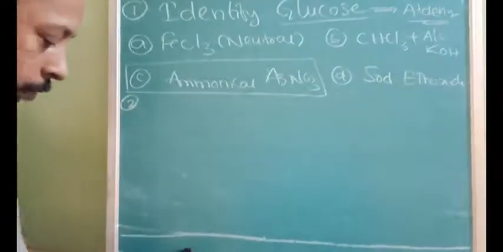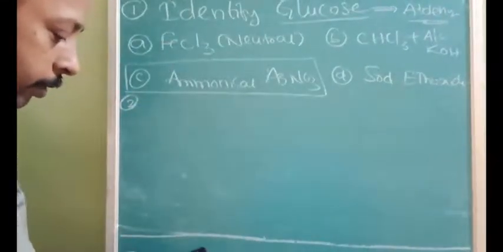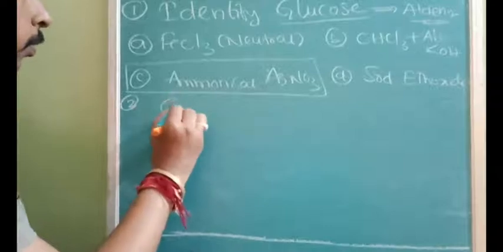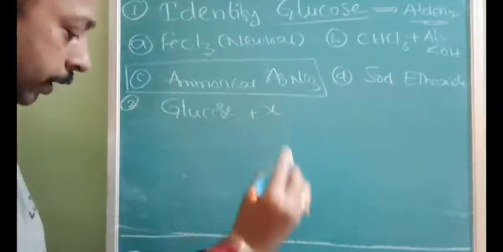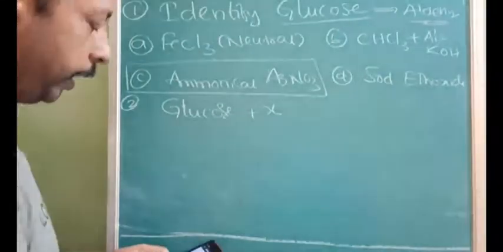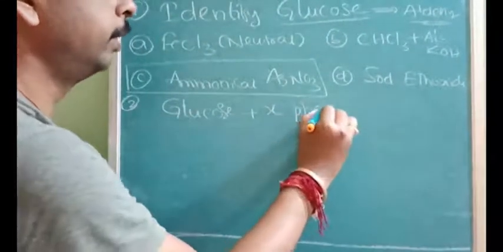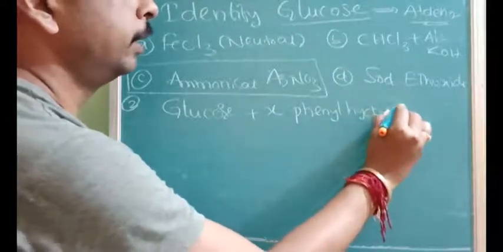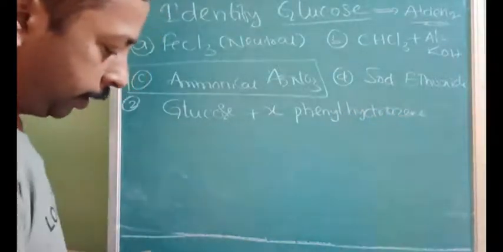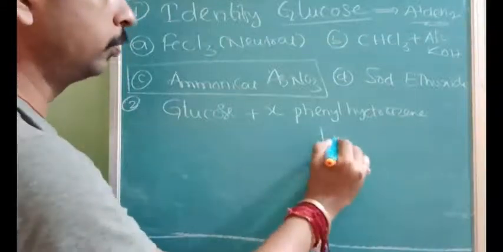Second question: a glucose molecule reacts with X molecules of phenylhydrazine to give osazone.